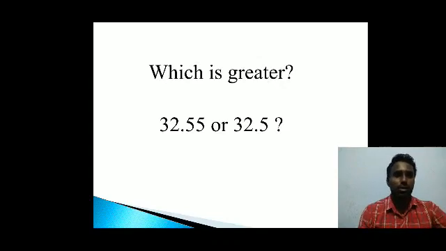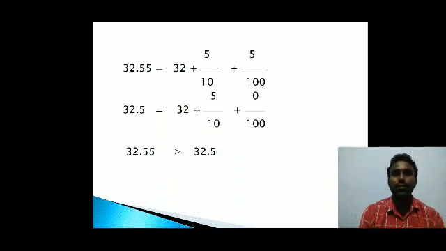So 32.55 is equal to 32 plus 5 by 10, because the first digit after the decimal point is the tenths digit, and you write the number given divided by 10.